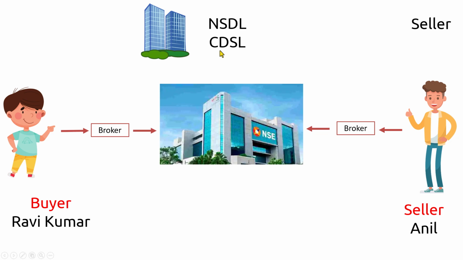For example, Tata Motors, if it wants to pay dividends to its shareholders, where will they get the data from? They will get it from the depositories, which provide the data to companies when required. So just remember that your stocks are stored in electronic form in the depositories and the demat account reflects them.